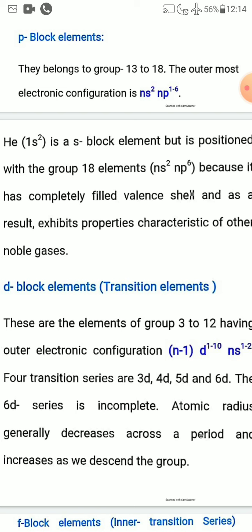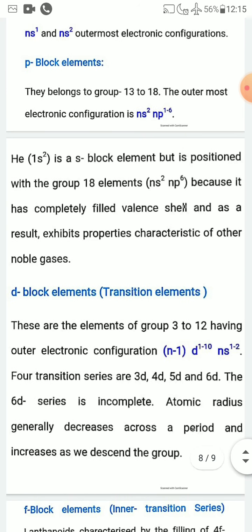One thing you have to remember is that in case of helium, the last electron enters into the S orbital. Helium is an S block element, but it is positioned with the group 18 elements. The electronic configuration of helium is 1s2.